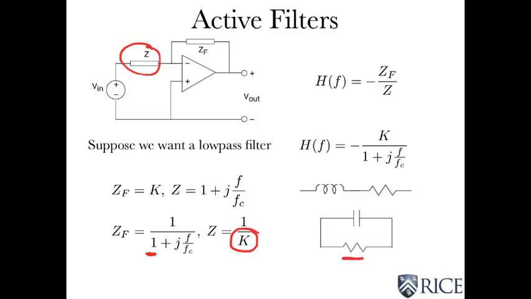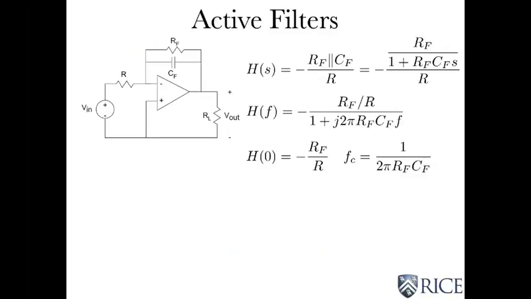But I know the structure I want to head for. I want to put that in the feedback, I want a resistor in the input, and let's just reanalyze it with those so we can make our choices. So here's the circuit I want to consider. There's the parallel combination of the resistor and capacitor in the feedback part, and here's the input resistor.